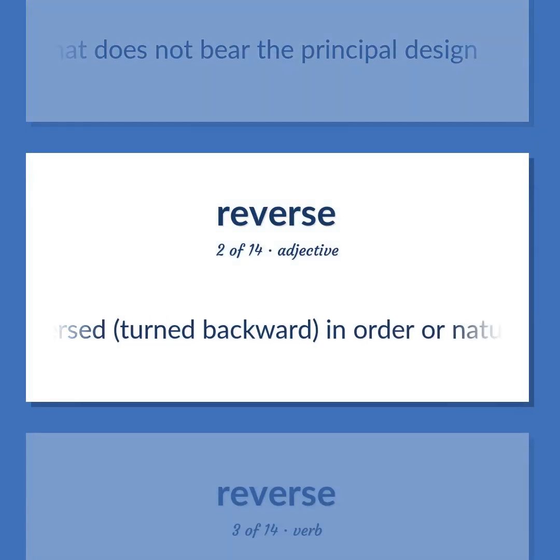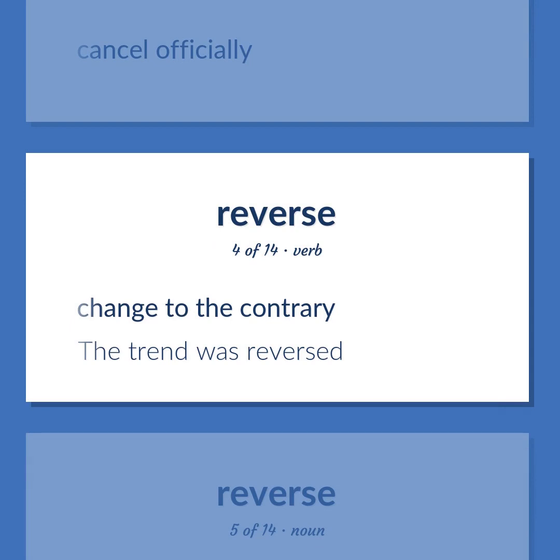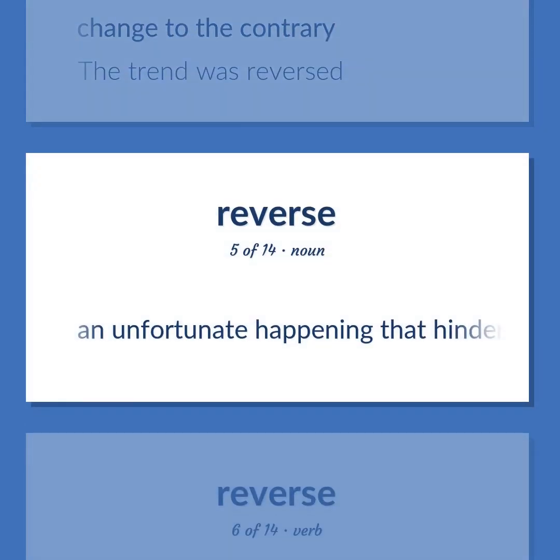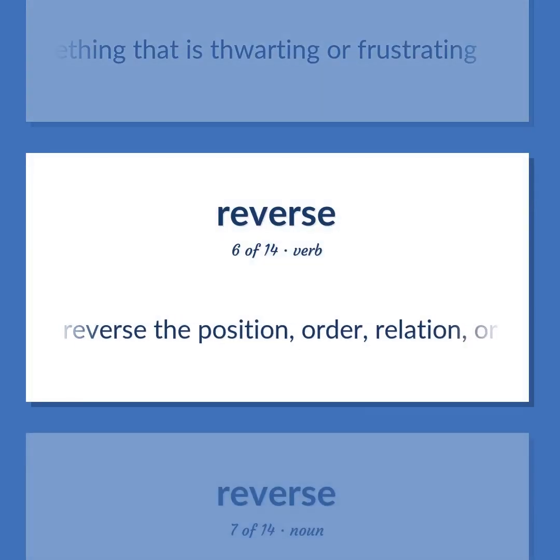Reversed, turned backward, in order or nature or effect. Cancel officially. The trend was reversed. An unfortunate happening that hinders or impedes, something that is thwarting or frustrating. Reverse the position, order, relation, or condition of.